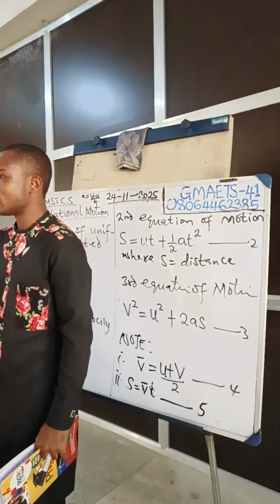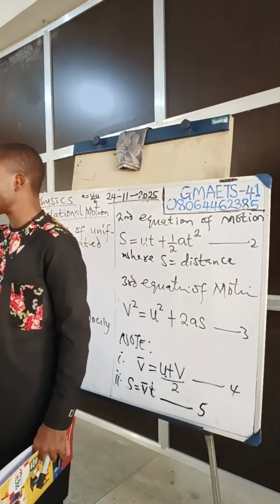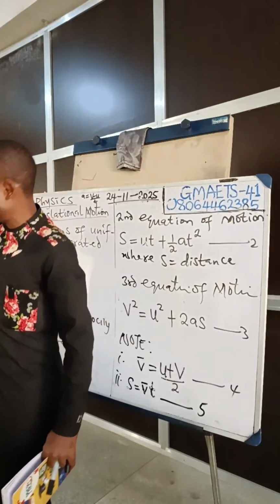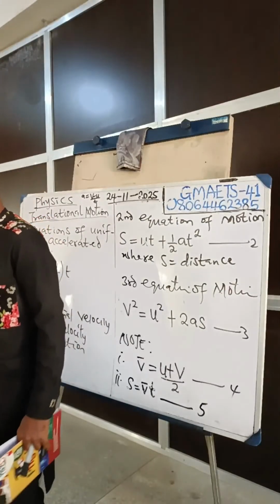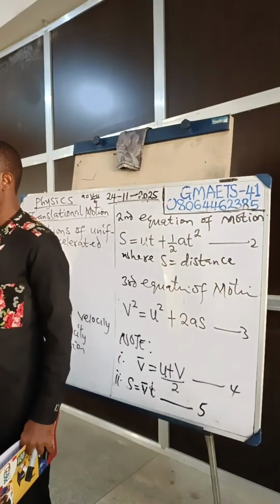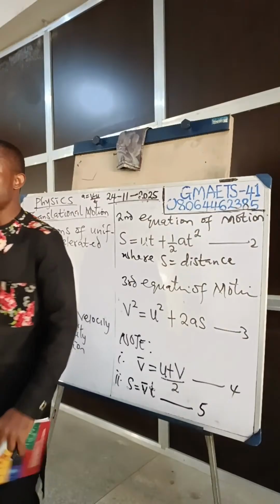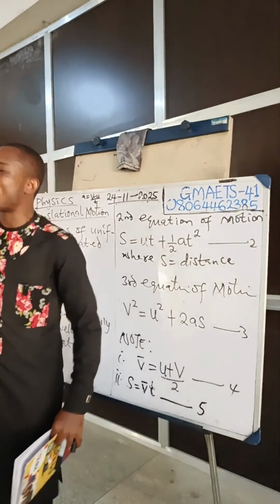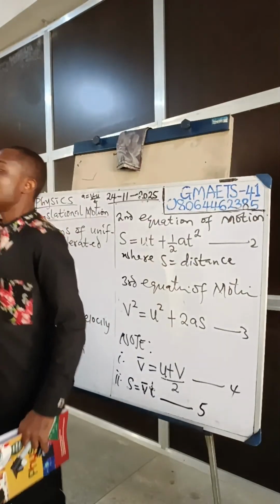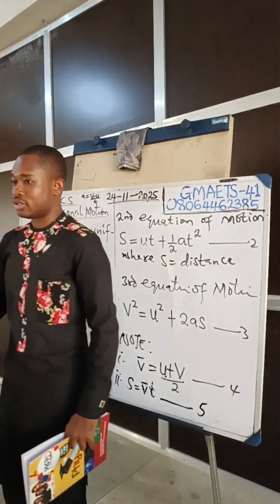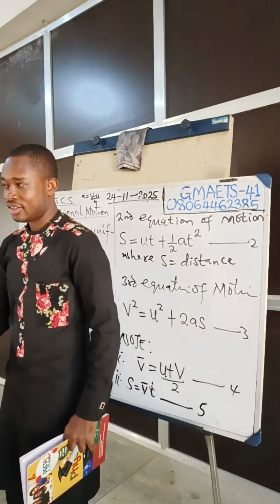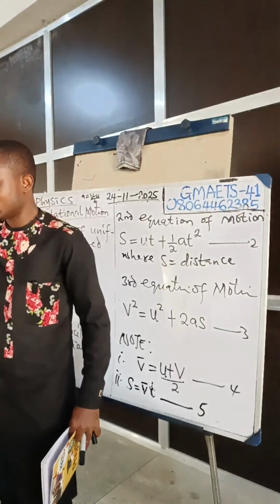I repeat, a body moves with a velocity, or I say with an average velocity. The choice is mine, whether I want to specify it as average velocity or not. A body moves with an average velocity of 5 meters per second in 2 seconds. Did you get the parameter, the quantity I gave there? What and what did I give you?